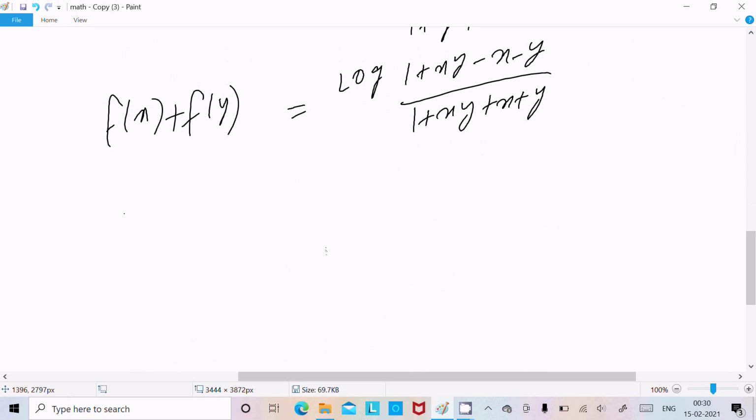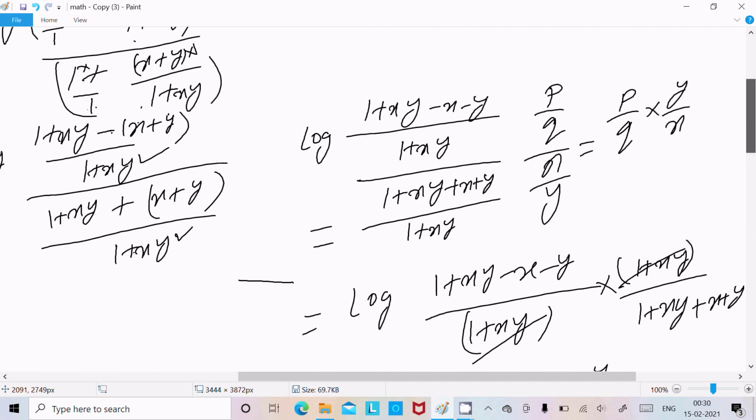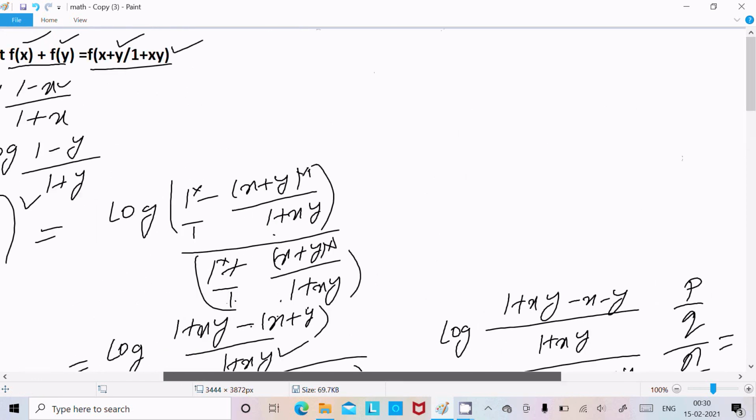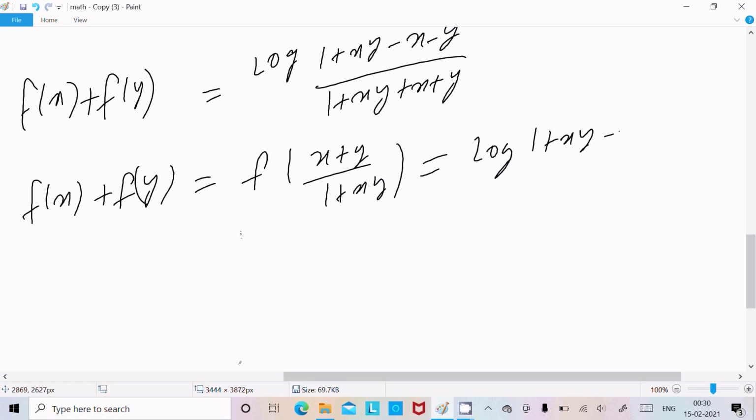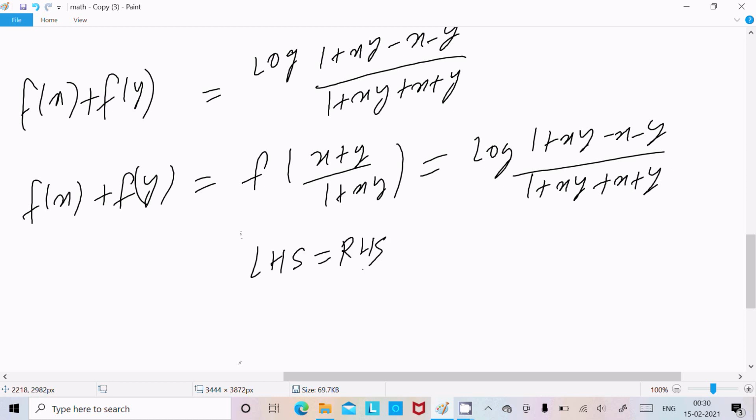So here we can write f(x) + f(y) equal to f((x + y)/(1 + xy)). So LHS equals RHS, proved.